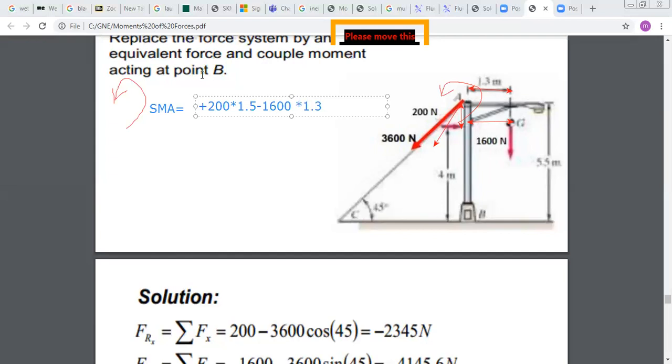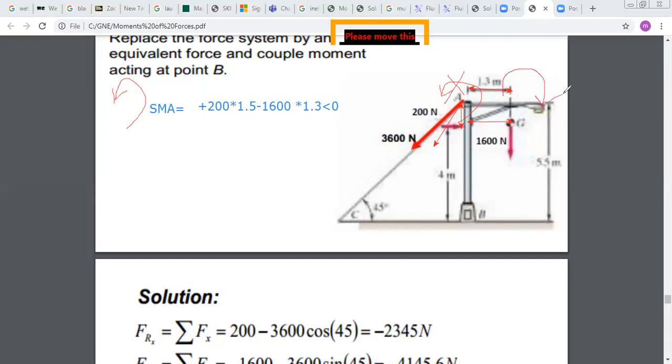If you solve, you will get a negative result. Okay? Since you got a negative result, this means that your moment on A will be clockwise and not counterclockwise. So, either you put here a negative value near your arrow, or you change your arrow, you put it like this, and you put a positive value, because your resulting moment is not counterclockwise, it is clockwise.